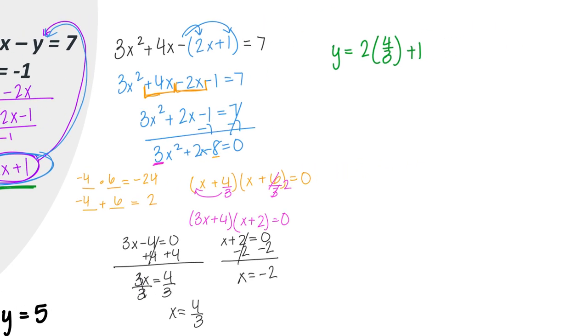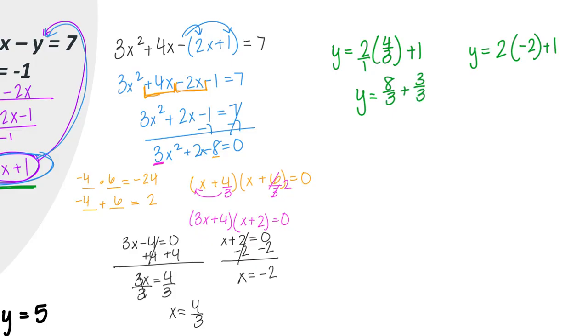And doing the second one, y equals 2 times negative 2 plus 1. And solving this, putting this over 1, multiply straight across. So I'm going to end up with y equals 8 over 3 plus 3 over 3, which is the same thing as 1.